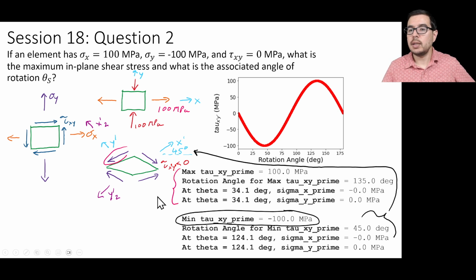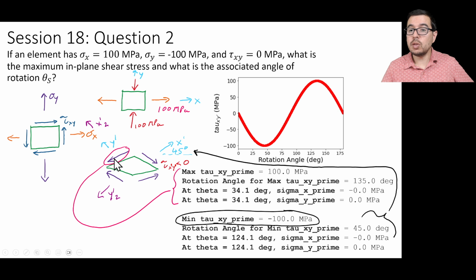What do we see here? We see that in this orientation, here is the x prime face. This is the positive x prime face, or x prime 2 face, right here. The green is where my arrow is. And the stress is acting on that face in which direction? The positive y prime 2 direction. And that's great.